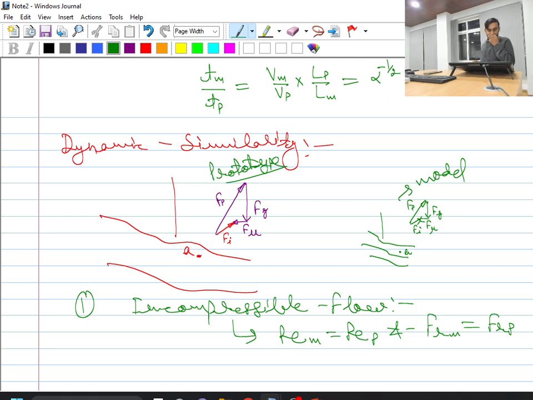Other than this, if surface curvature effects are also important, then which number comes into the picture?